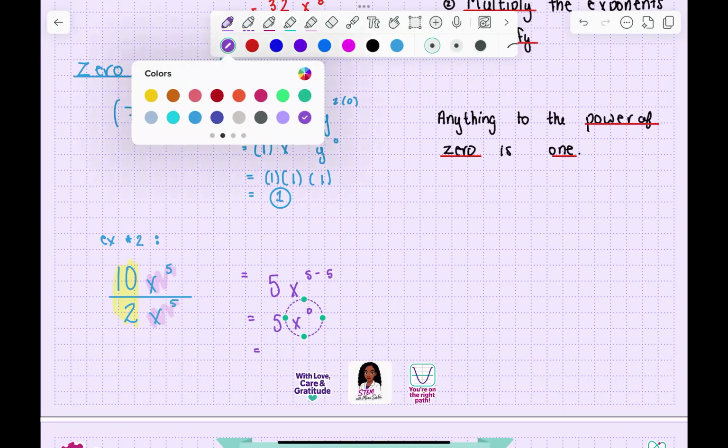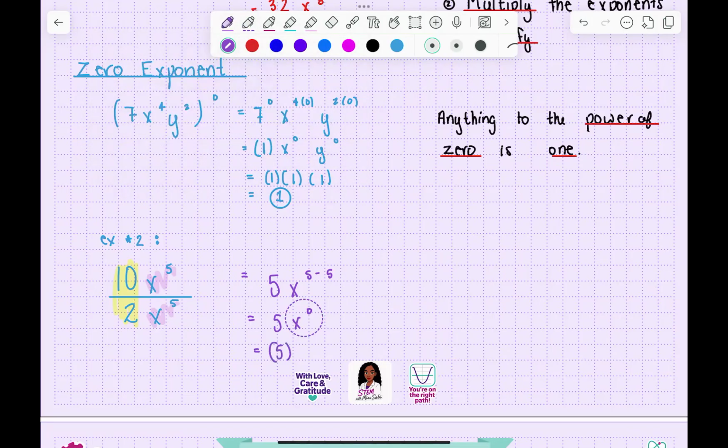So I end up with 5 times 1, final answer, 5. Okay, so that's more of how you're going to use the 0 exponent. Okay, so anytime you end up with something to the power of 0, that just is 1, and you've got to show it.